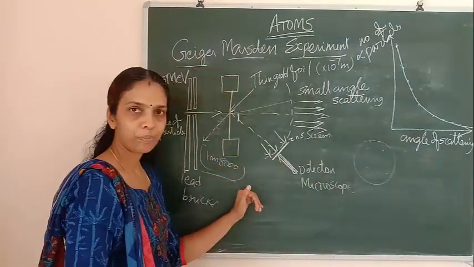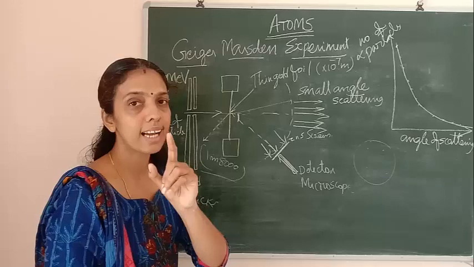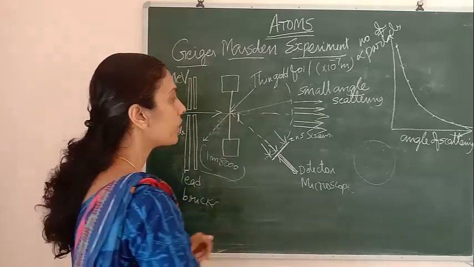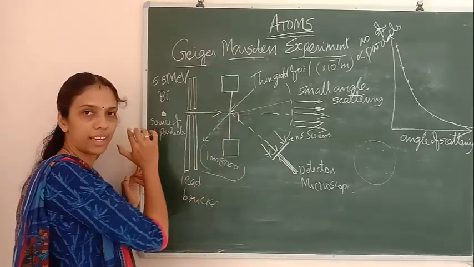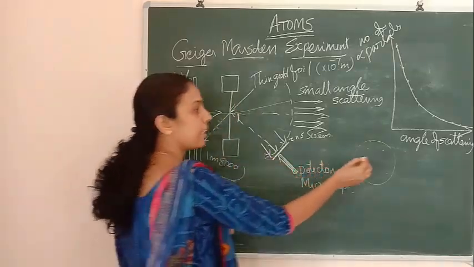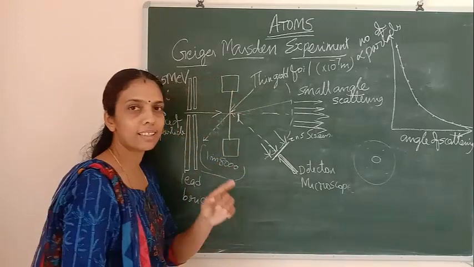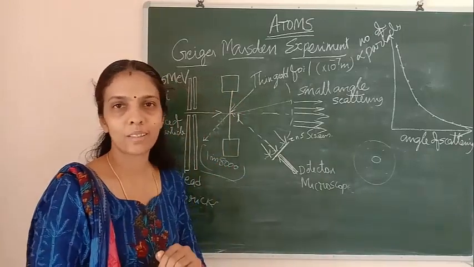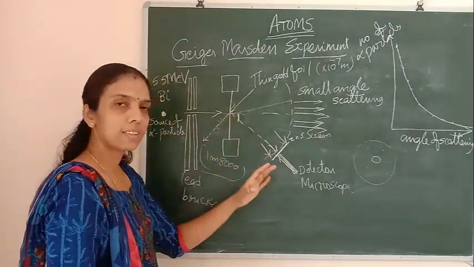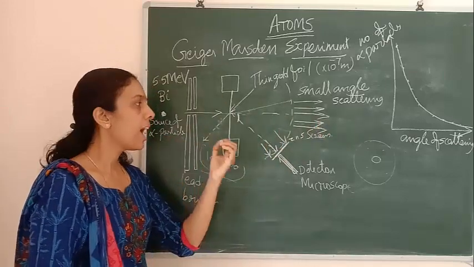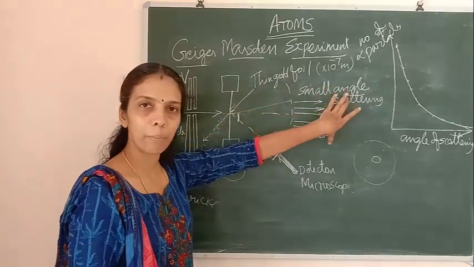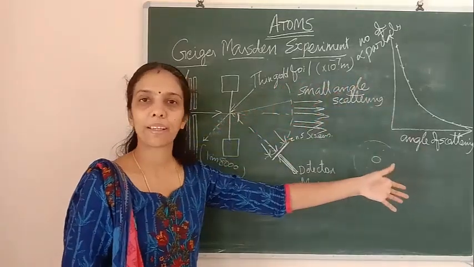We know alpha particles have positive charge, isn't it? So they get reflected by the nucleus, the positive charge at the center. The positive charge is there at the center, so they are reflected back at that position, and more particles come out because there is more free space.